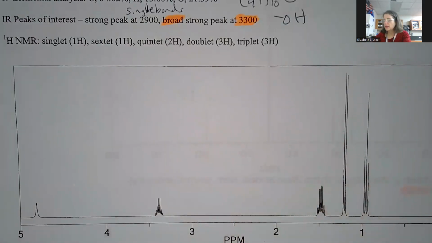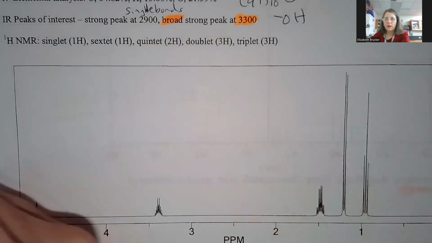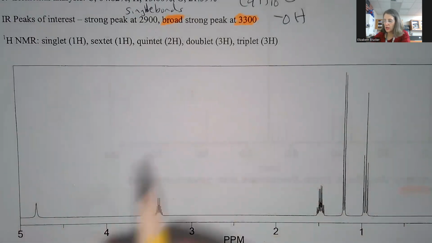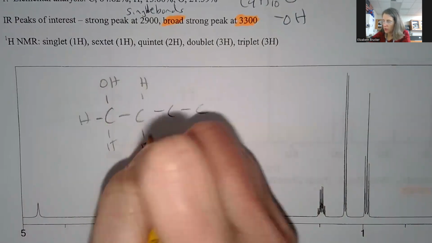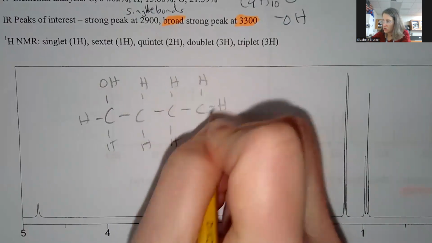Again, the issue with NMR is always going to be, all right, where is that functional group going to be? You could start with, all right, put the functional group on the end of the molecule. So let's put the OH on the end of the molecule and see if that works, okay? Again, start with pencils, okay?